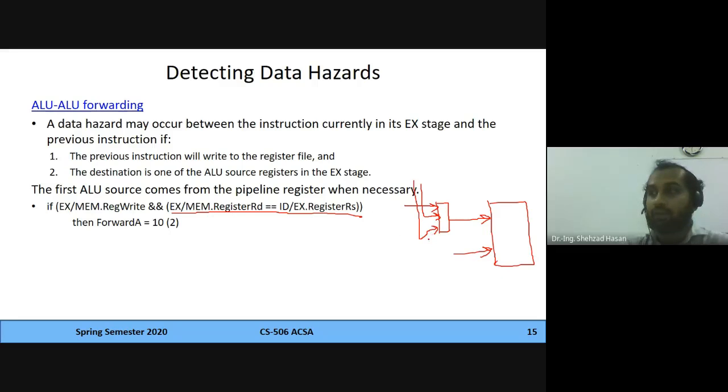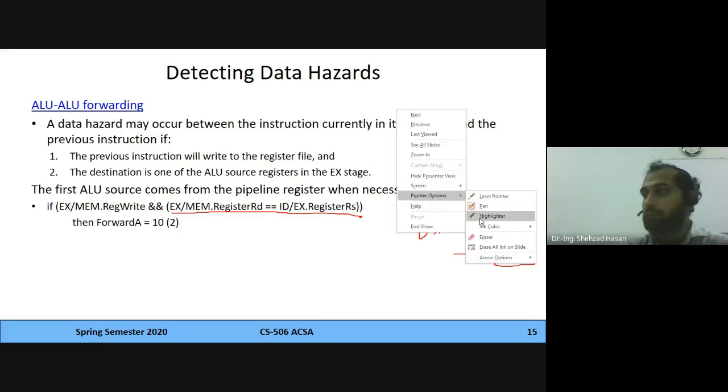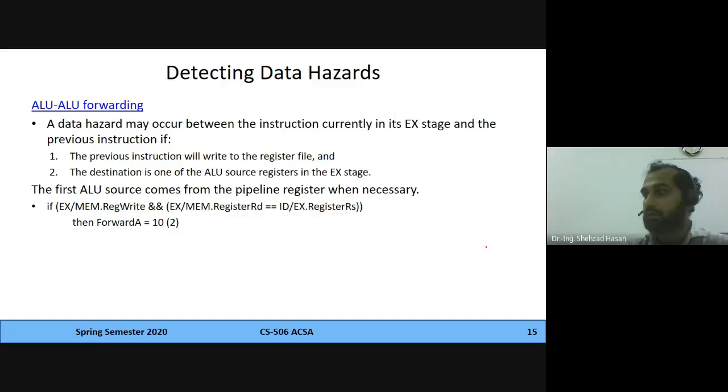Currently we are not talking about the MEM WB pipeline register. Currently we are talking about just getting inputs from the EXMEM pipeline register and selecting between the normal register and the EXMEM pipeline register. Okay, and we are talking about the first input.